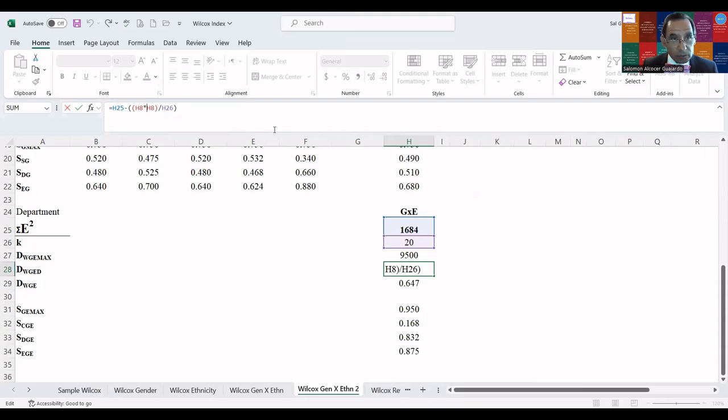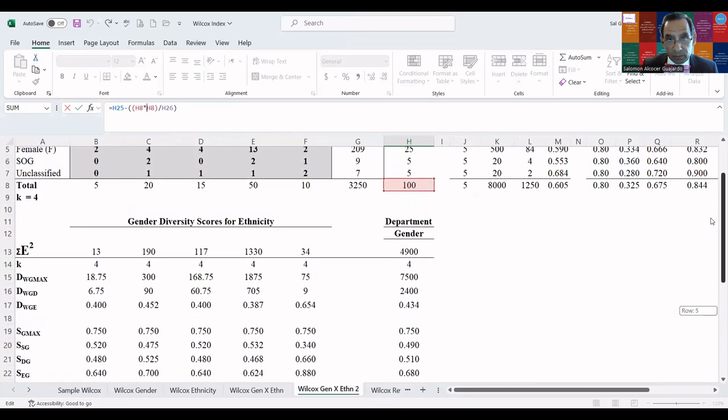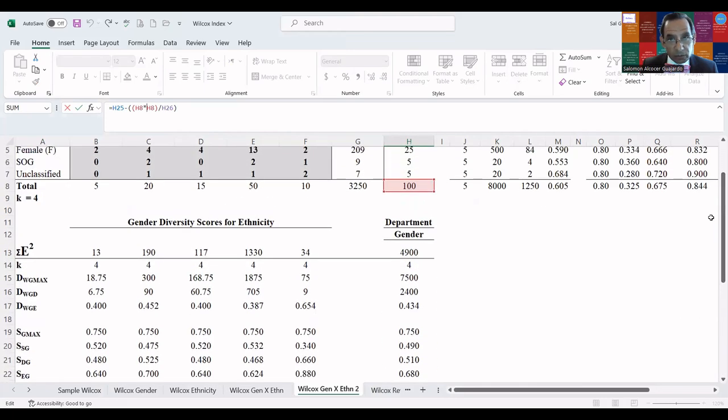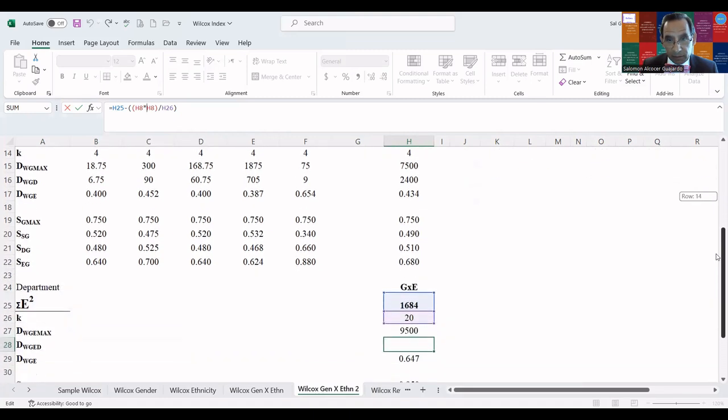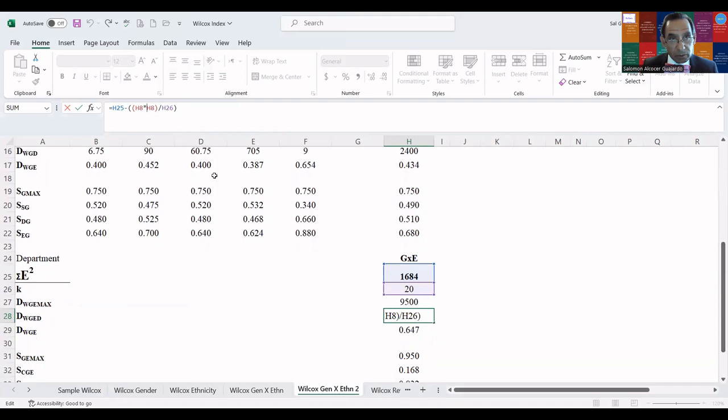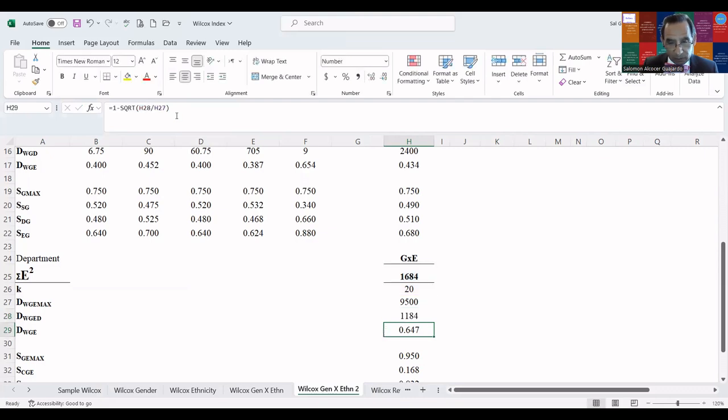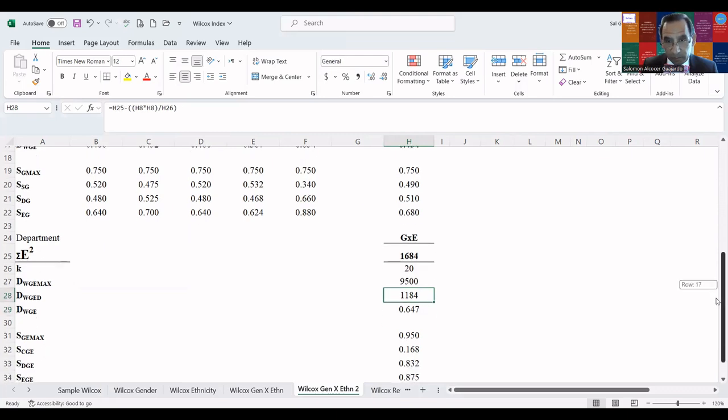I'm going to subtract big N squared, so that's H9, 100 times 100, divided by the number of categories, number of groups, which is H26, which is 20. So that gives me 1184.